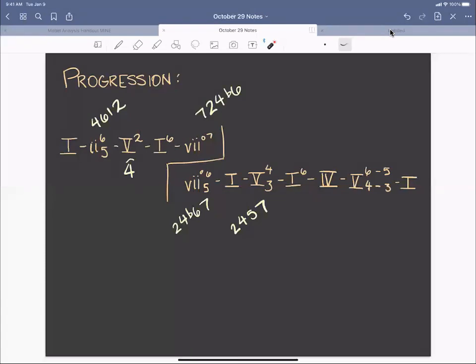Regular 4 chord. Cadential dominant. And cadence.